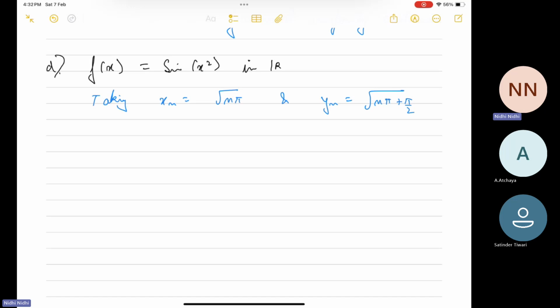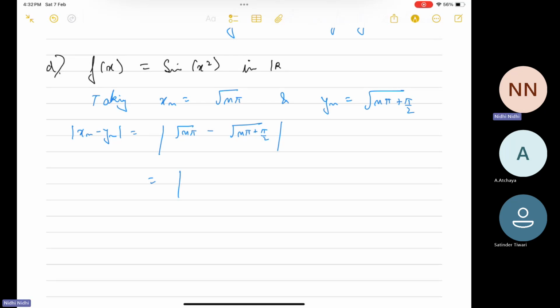In this case, mod xn minus yn will be mod of root n pi minus root of (n pi plus pi by 2). And we can just multiply and divide by root n pi plus root of (n pi plus pi by 2).